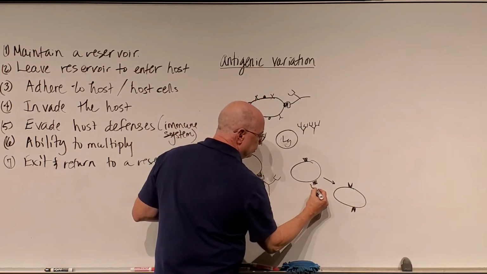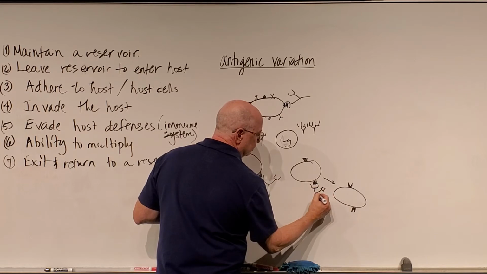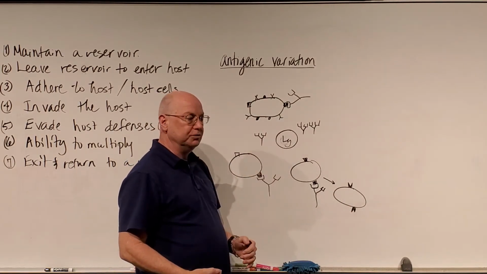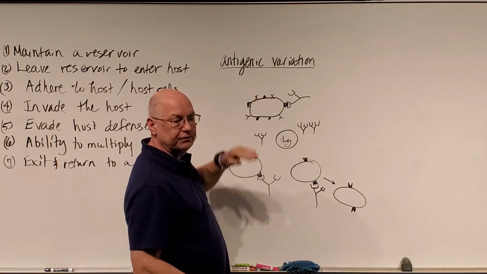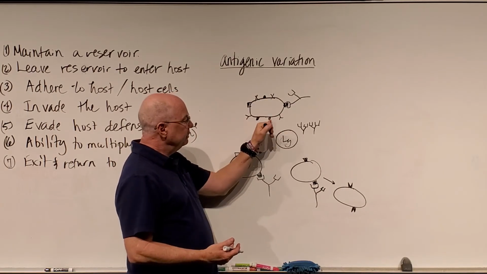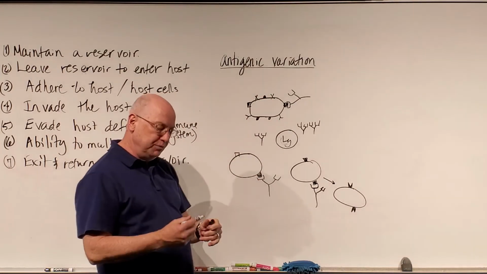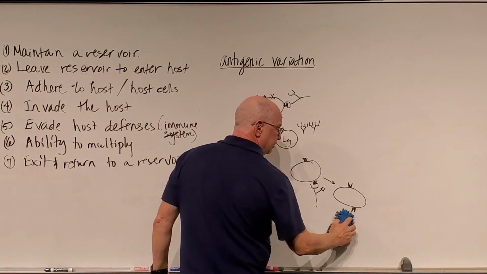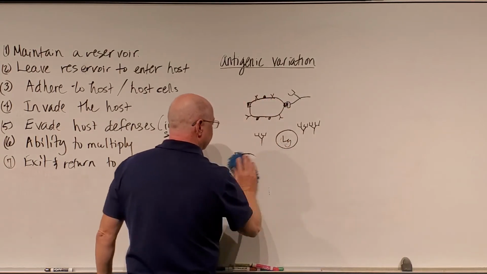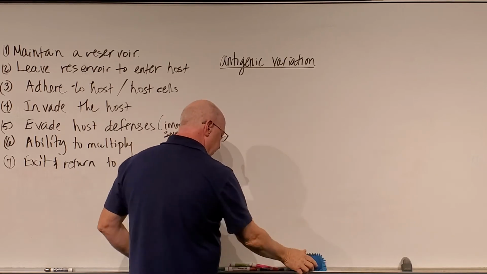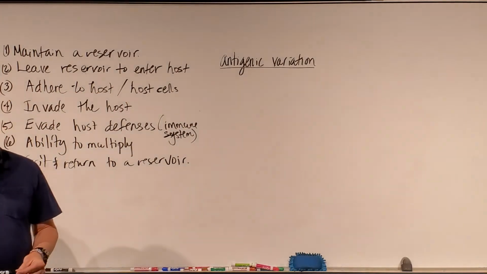Now, our antibody might catch the old one, but the new version would not be detected by our immune system. So we call that antigenic variation. We vary the surface antigens so that the immune system can no longer recognize that mutant strain. This is how some viruses and some bacteria can avoid our immune system.